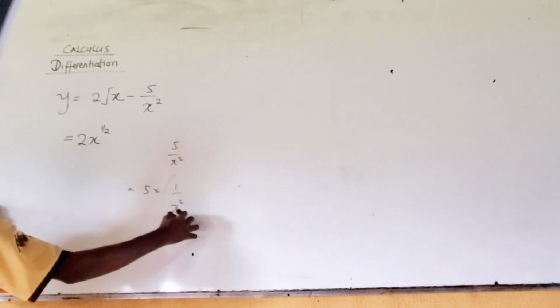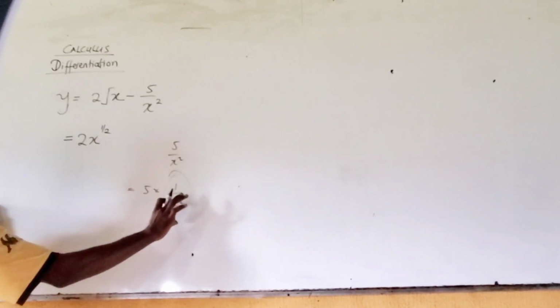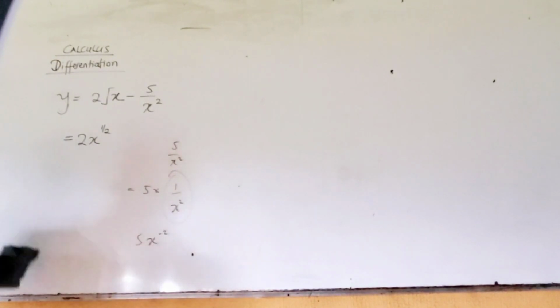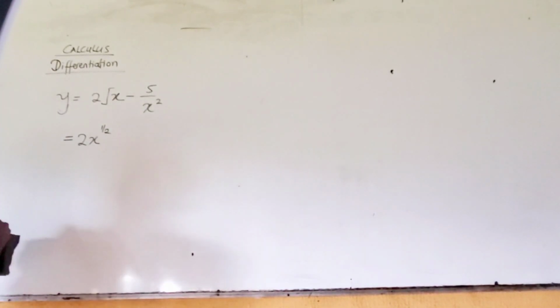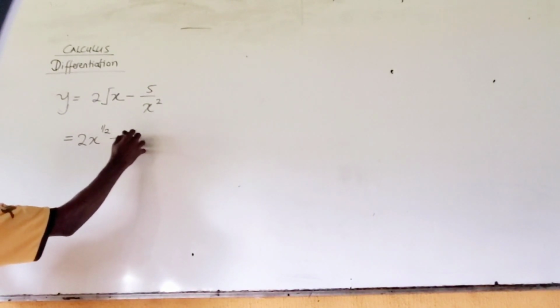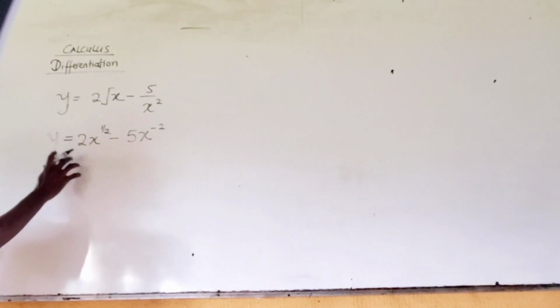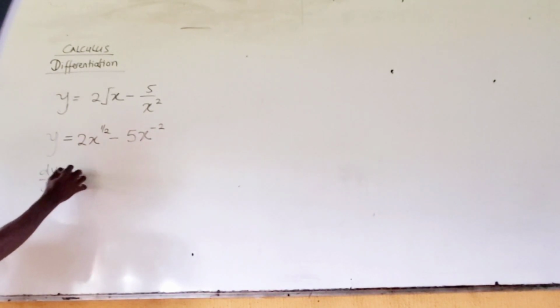And remember the negative power law. To express this in one base, it will be 5x to the power negative 2. So this becomes 2x raised to the power half minus 5x raised to the power minus 2. You have to rewrite the question in this form, then differentiate with respect to x.